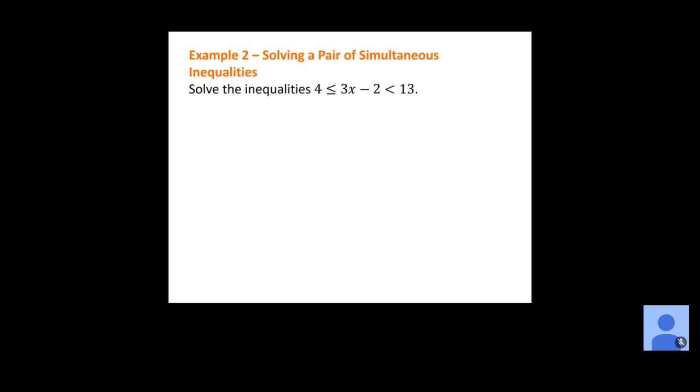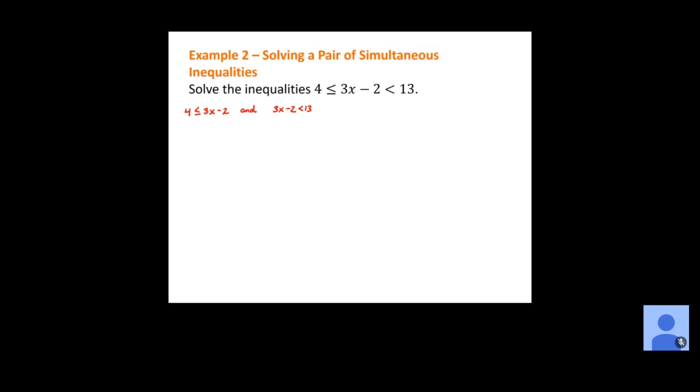Just so you know, if you wanted to split it up, it would look like this. 4 is less than or equal to 3x minus 2, and 3x minus 2 is less than 13. So the middle part becomes part of both inequalities.